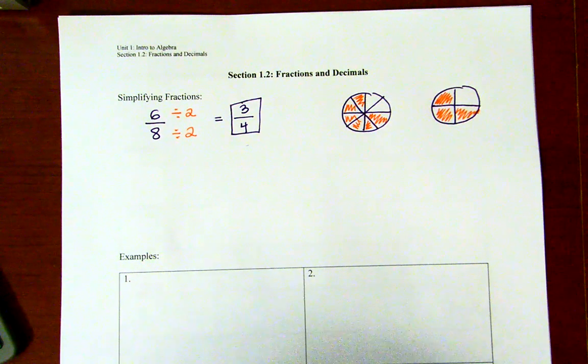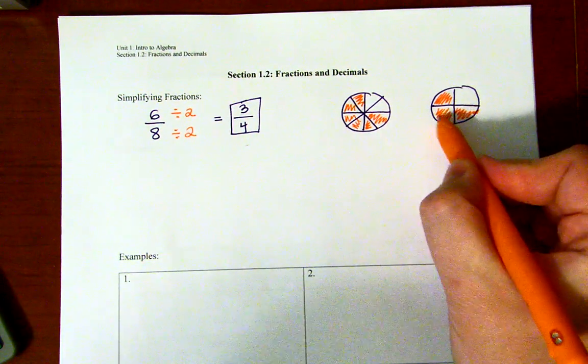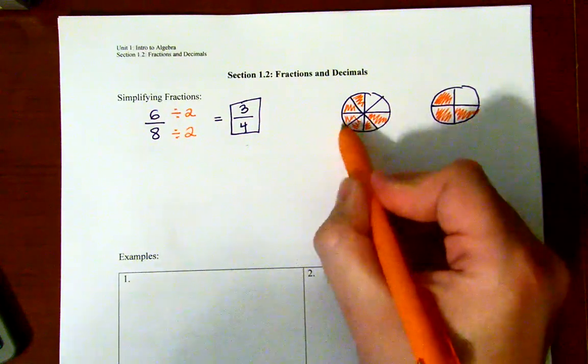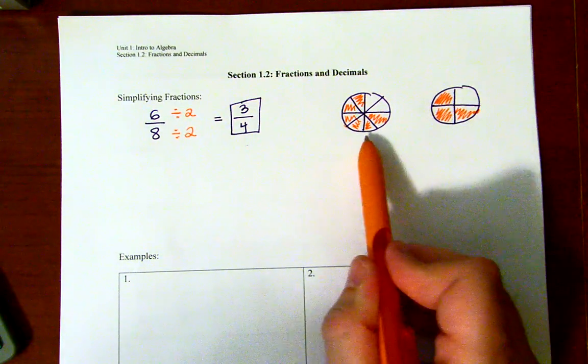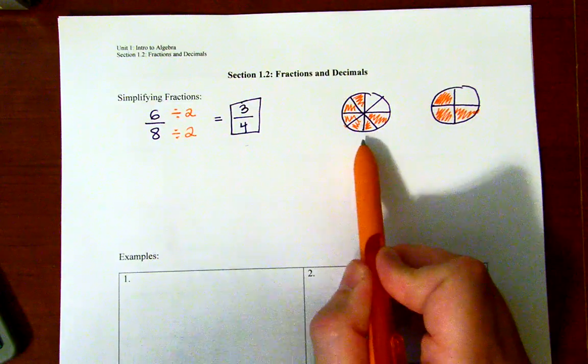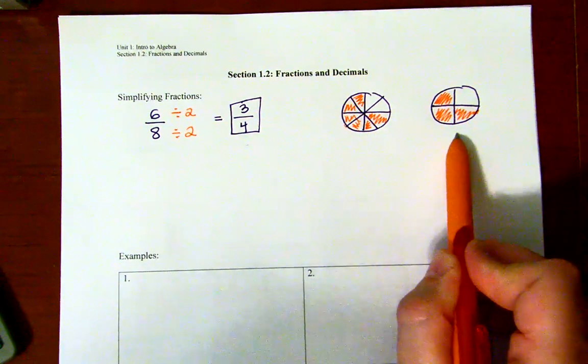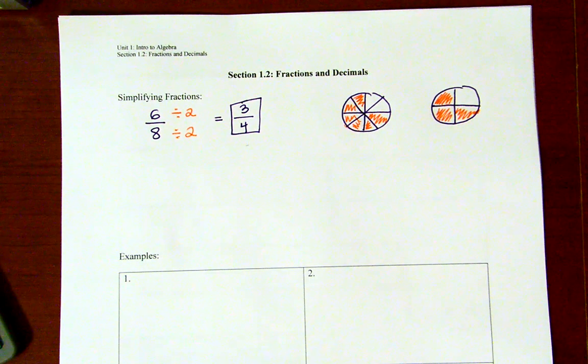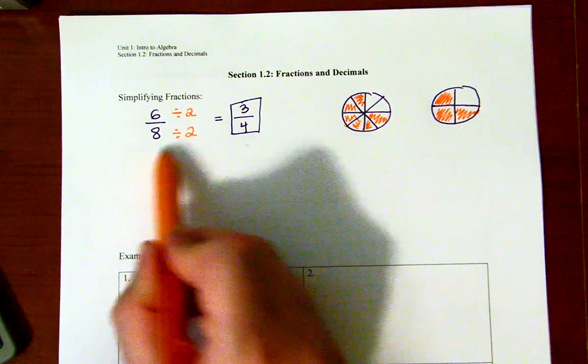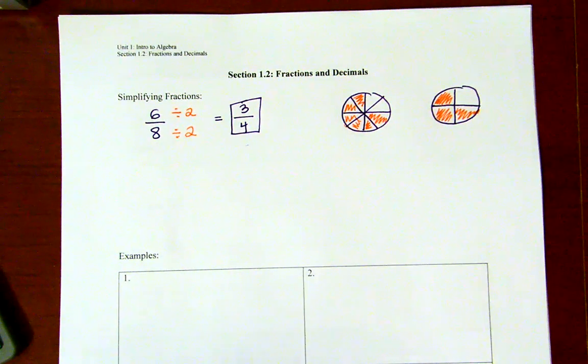However, even though those slices are bigger, one slice over here kind of matches up with 2 slices over here, and I think when you're done, you can look at the 2 pizzas and realize even though I ate 6 slices here and 3 slices here, I ate the same amount in both pizzas. 6/8 and 3/4 are the same thing, but 3/4 is just what we call the simplified version.